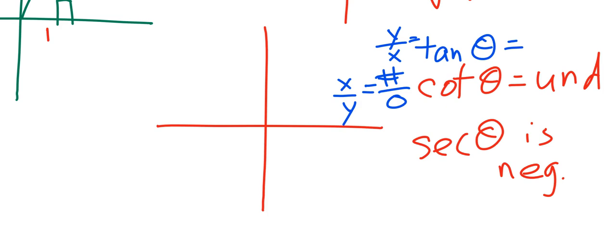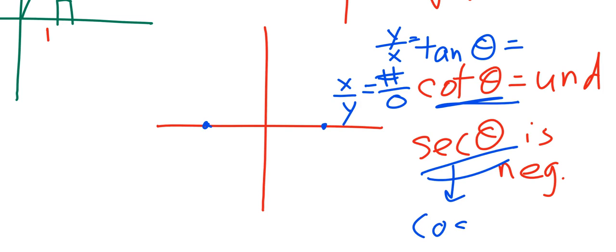So this information about cotangent being undefined either means you're sitting over here or you're sitting over here. Then it tells me this. The secant is negative. Secant goes with what? Cosine.